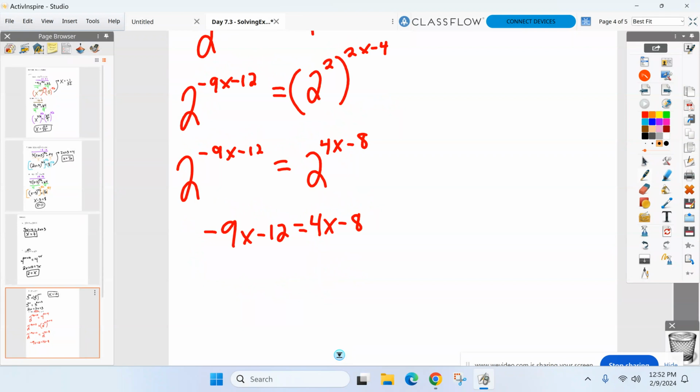How's negative 4/13 look? Darn right it does. Tough one there. Clean it up first. Clean it up, then change the base.